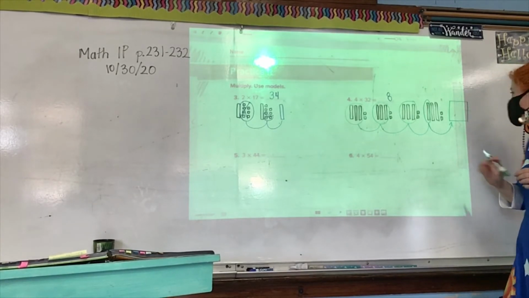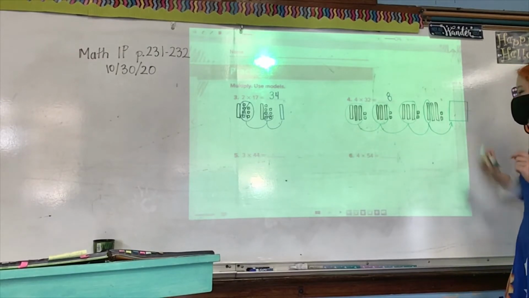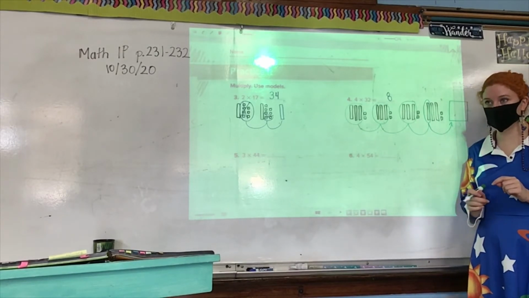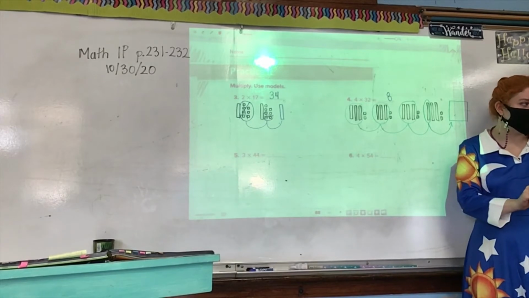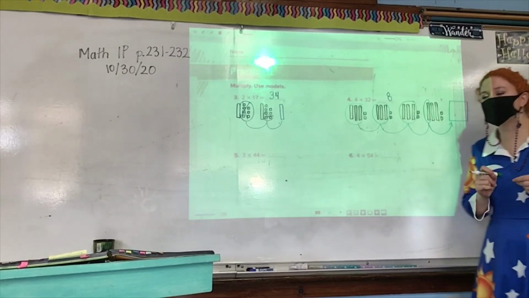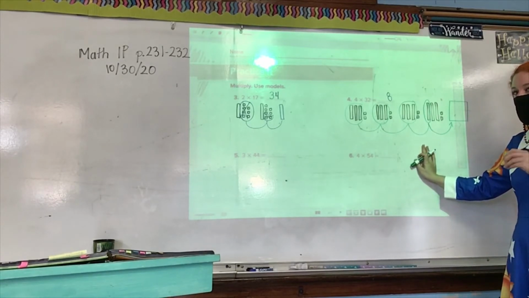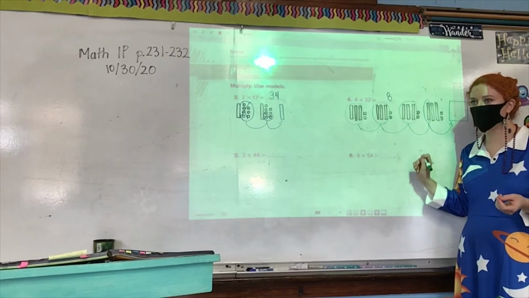Okay, so I regrouped, I took my 10 rods, and I turned them into a 100 flat. Because I know that 10 rods is the same as a hundreds flat. So what do I do now, Victoria? What do I need to make sure that I do before I start counting so I don't accidentally count too many?